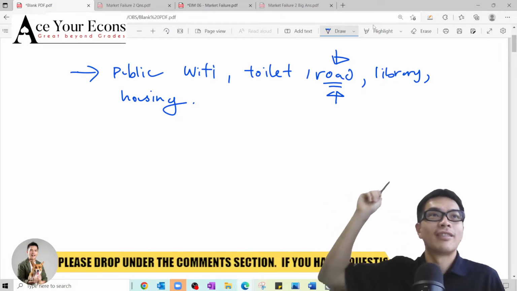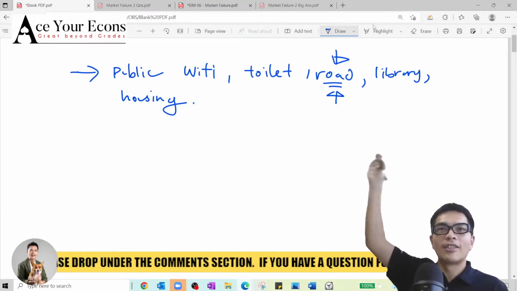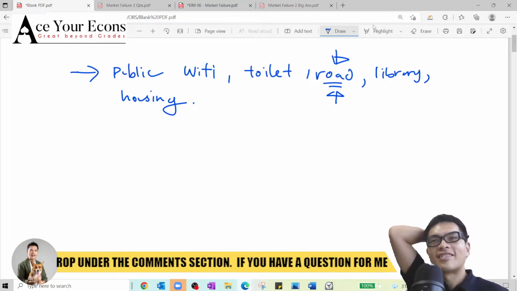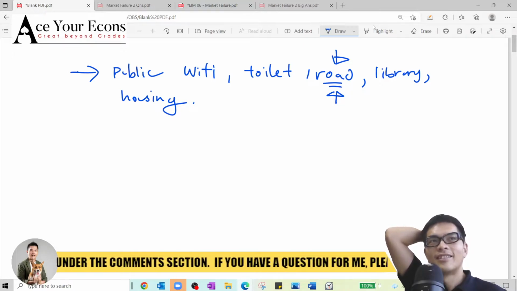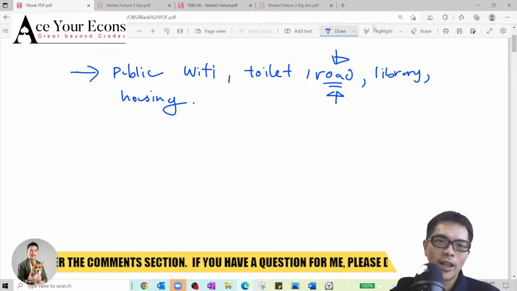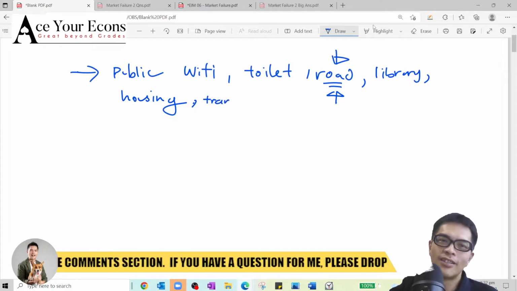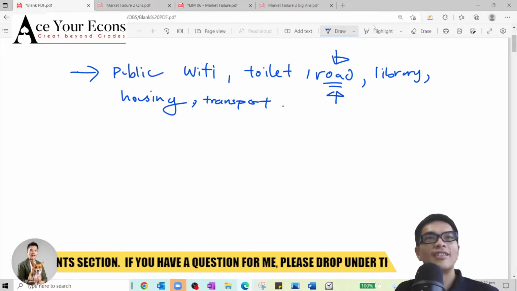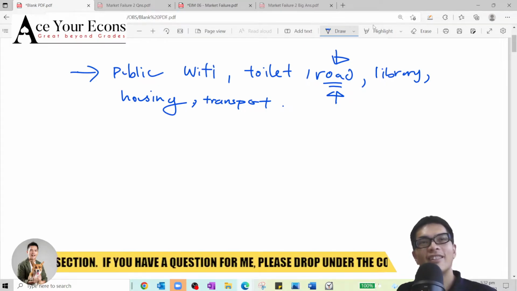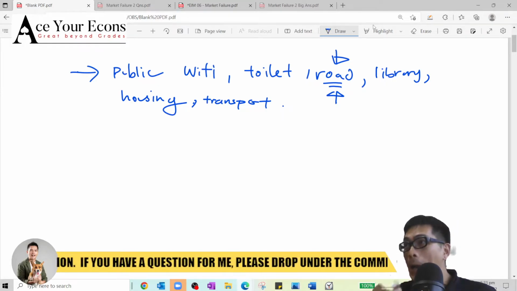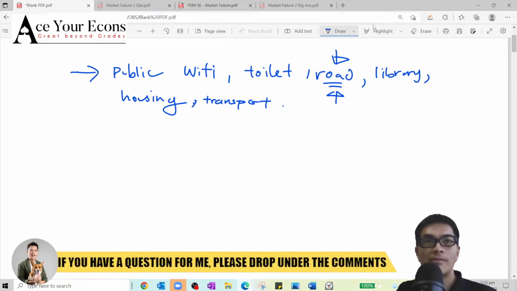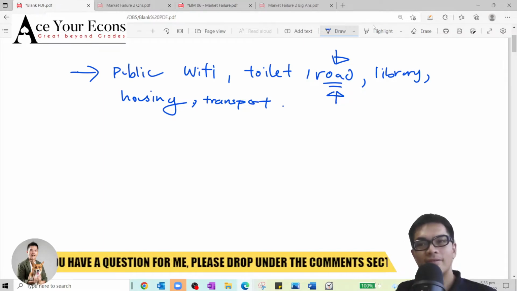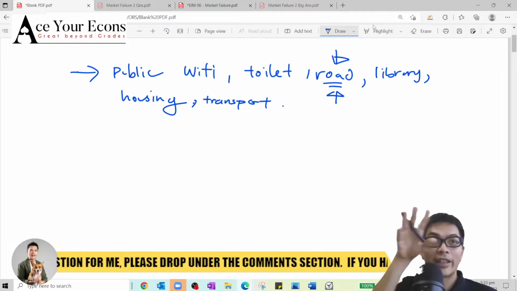Public library. Is a public library a public good or not? So always look out for the two characteristics.